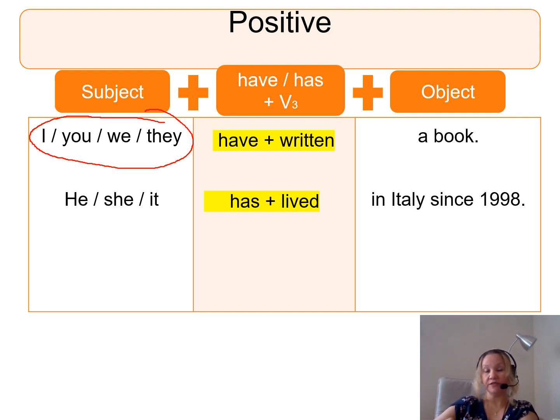Subject first, and the auxiliary have. And remember, the verb has to be, we have verb 1, verb 2, and verb 3. Let's give an example. Okay, so verb 1 will be present tense.